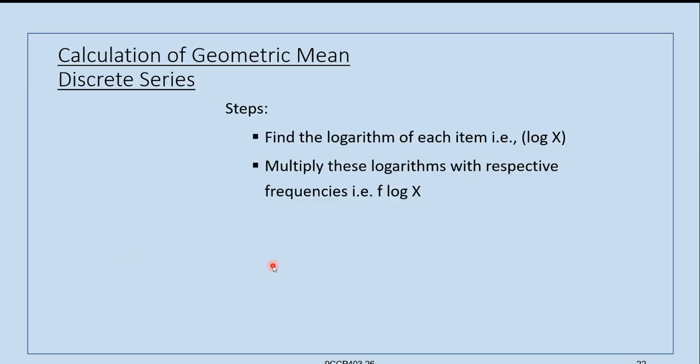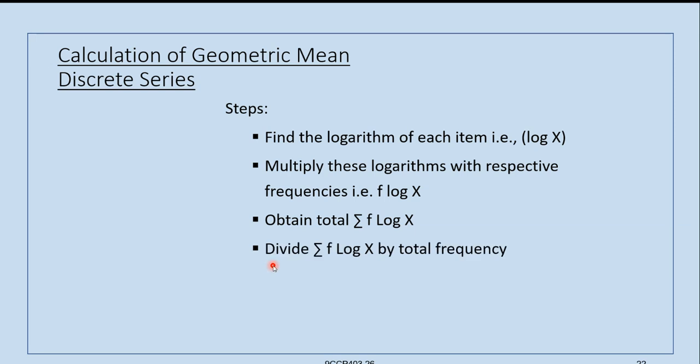Now we will see how to calculate the geometric mean for a discrete series. In individual observations, because there is no frequency, we have taken only one series. In a discrete series, because f is there, we will multiply log x with f. After taking log x, we multiply by the frequency and then add them, that is sigma f log x.